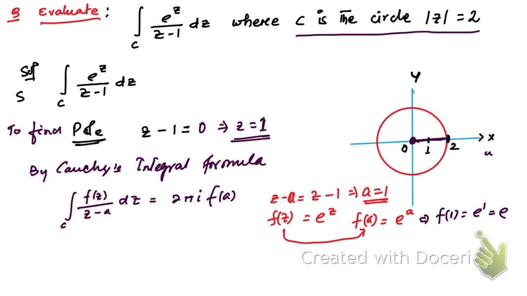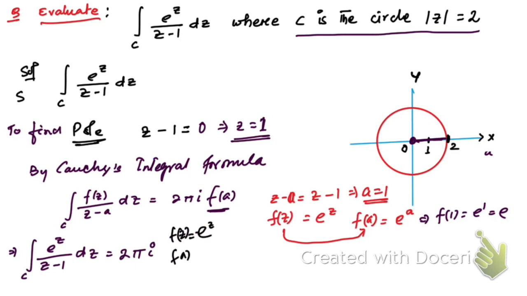Now f of z is replaced by e to the power z, z minus a is replaced by z minus 1 dz, and 2 pi i f of a means we have e to the power a, with a equal to 1, because as I have already told you, f of z is e to the power z.